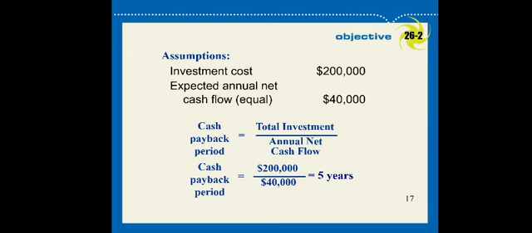It means that if the company purchases this fixed asset, the company will get back the amount they invested in 5 years. In this scenario, the company has to invest 200,000 for the fixed asset. To get back the 200,000 that they have invested, they have to wait for 5 years.